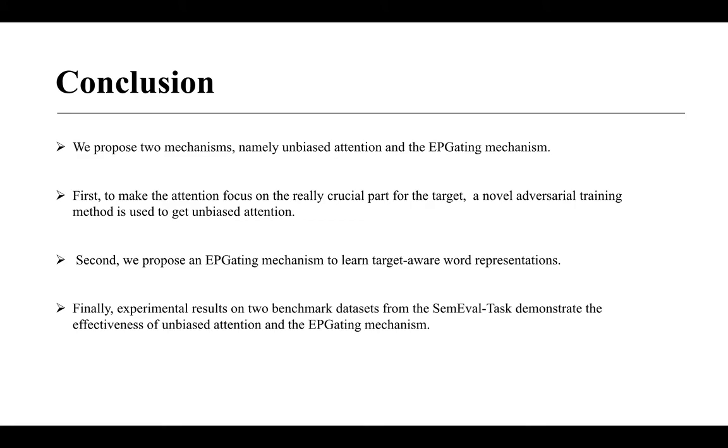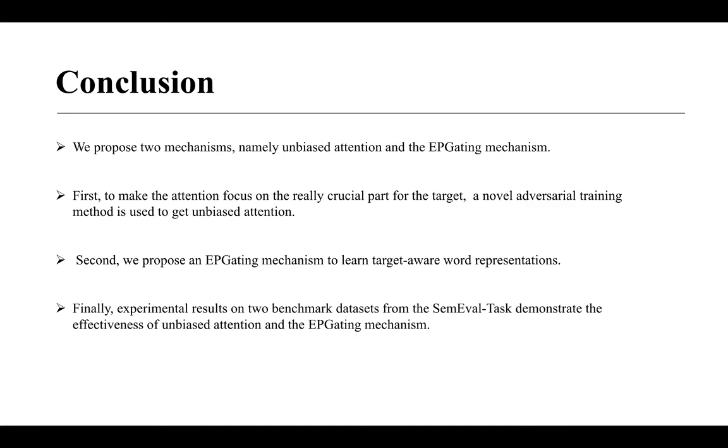In conclusion, we propose two mechanisms, namely unbiased attention and the embedding preserving gating mechanism. First, to make the attention focus on the really crucial part for the target, a novel adversarial training method is used to get unbiased attention.